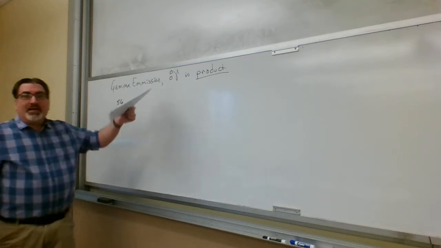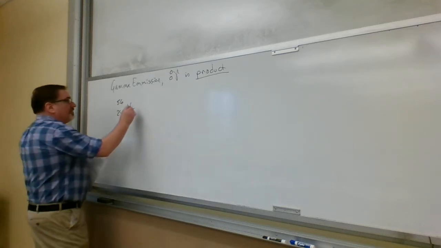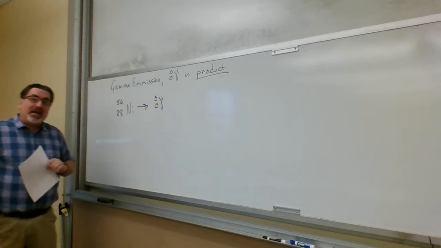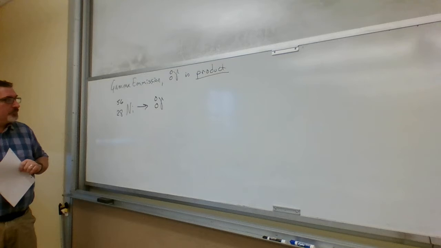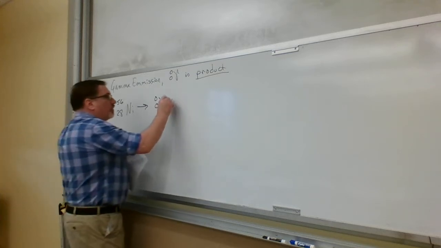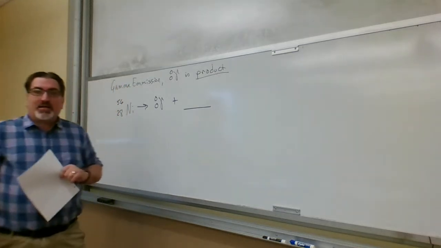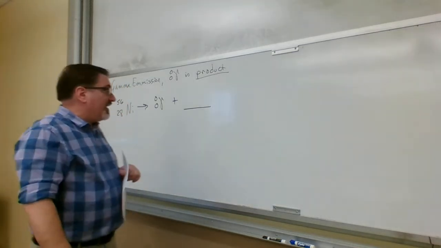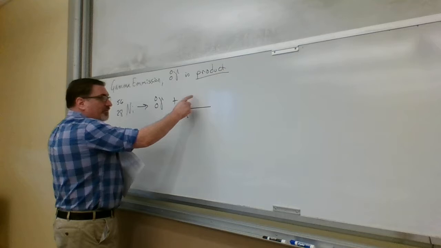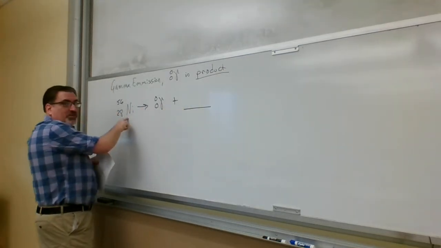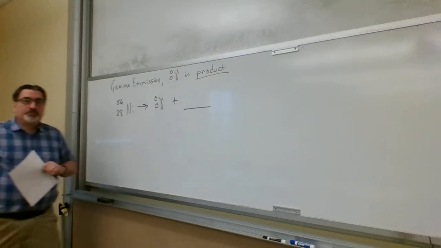So it's undergoing gamma emission. That means it produces a gamma particle, or sorry, a gamma ray. And then we have to figure out the leftovers. And that's usually the task of these nuclear reactions, is either to figure out what the leftovers are, or what this particle was if you know both of these, or what the original one was if you know both of those.